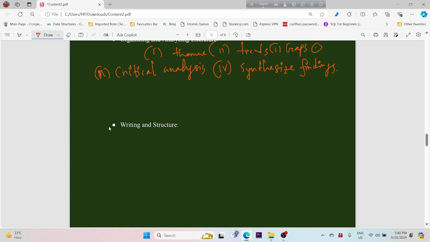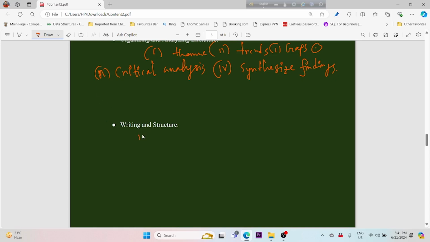So you will guide the reader through the flow of different studies and perspectives. So acknowledge the sources you use according to your chosen style. And lastly, you need to summarize the main points and highlights the significance of the literature review for your research.